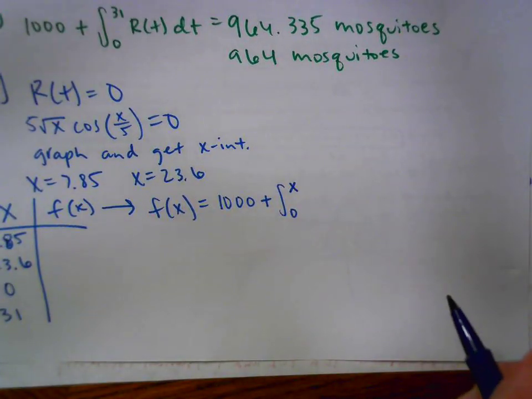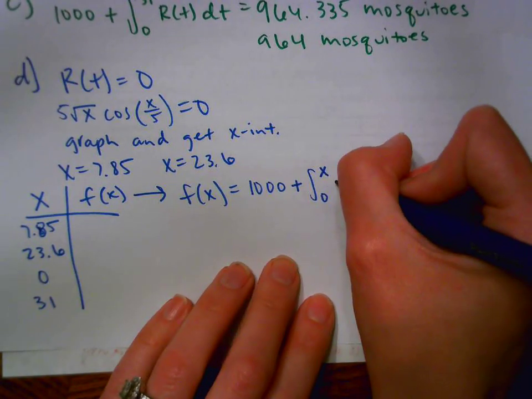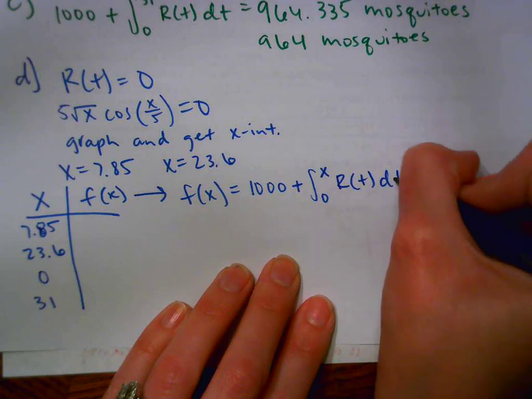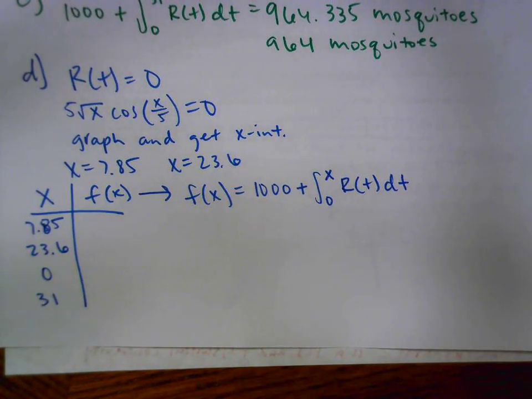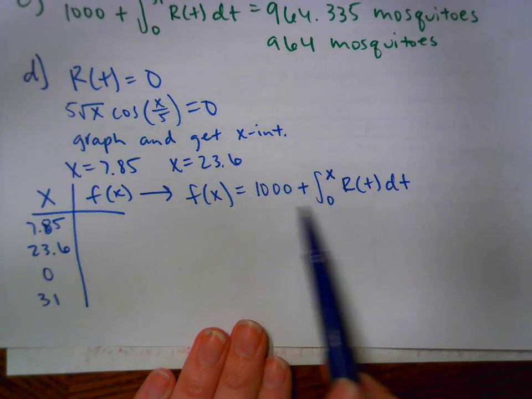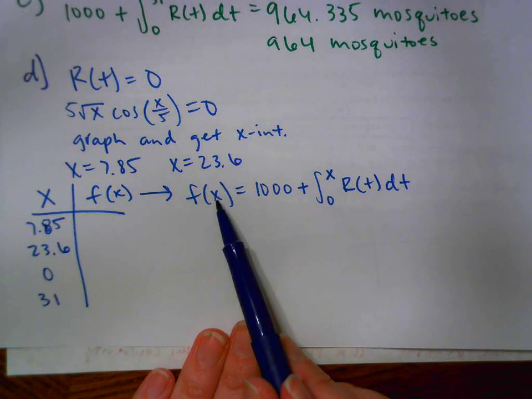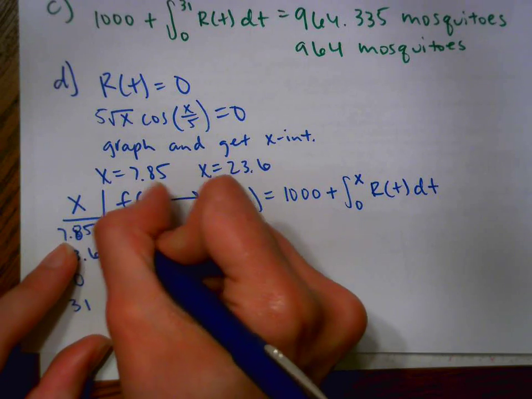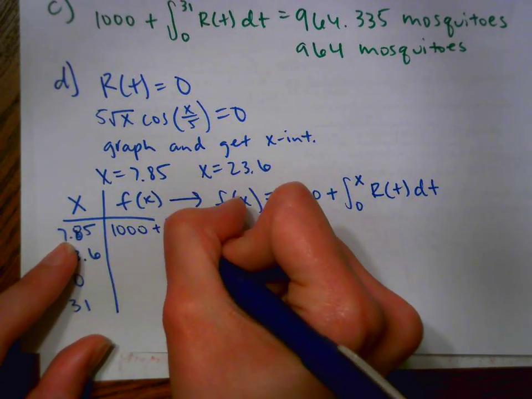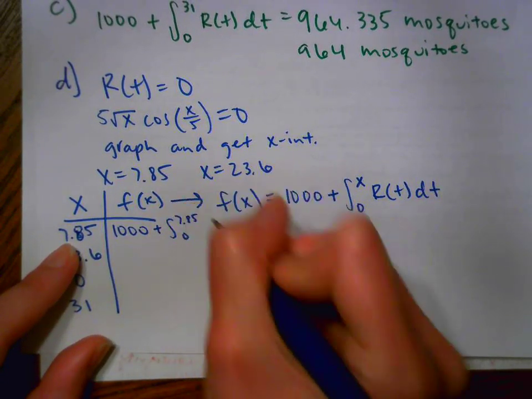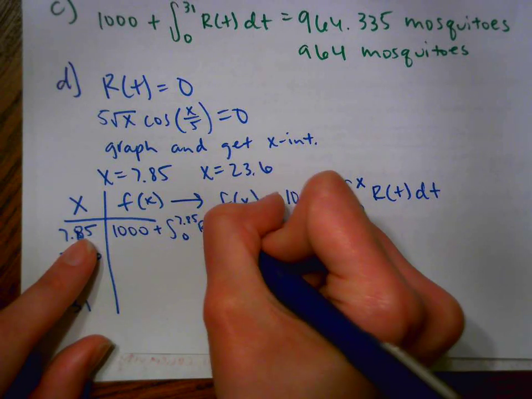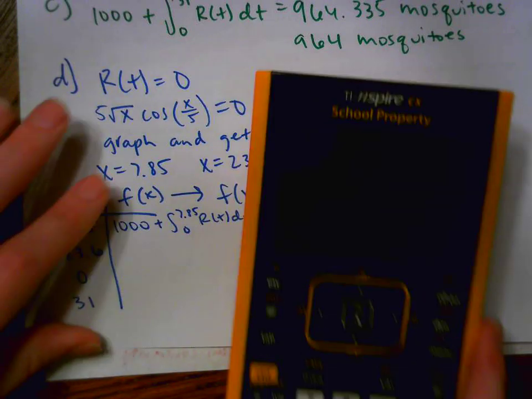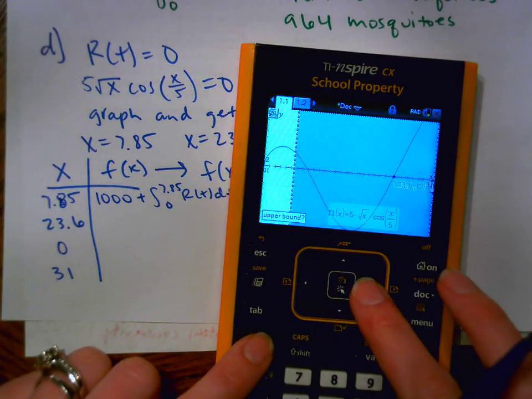So any given other x value of your derivative, which was r of t, will give you the amount of mosquitoes at any given time x. So for 7.85, you're going to do 1,000 plus the integral from 0 to 7.85 of r of t dt. You're going to use your calculator, and it's going to go faster than you think.